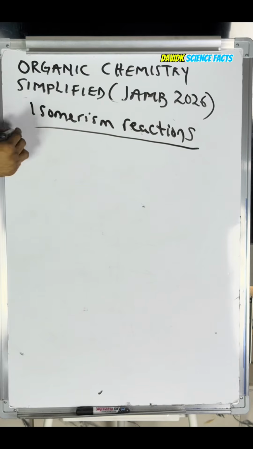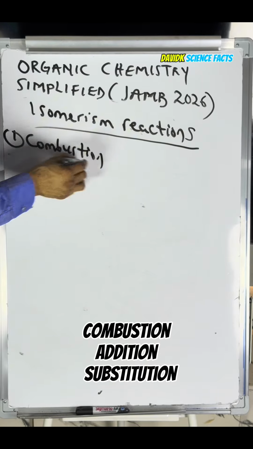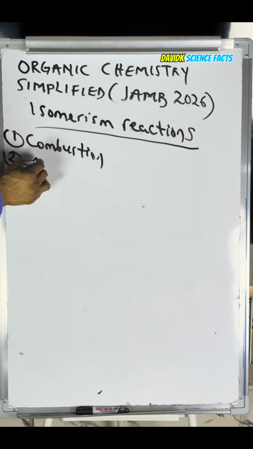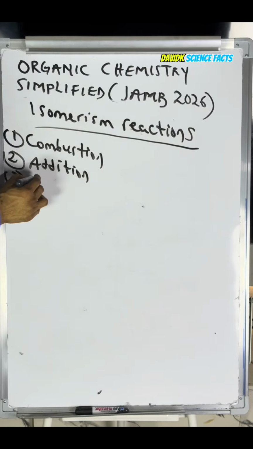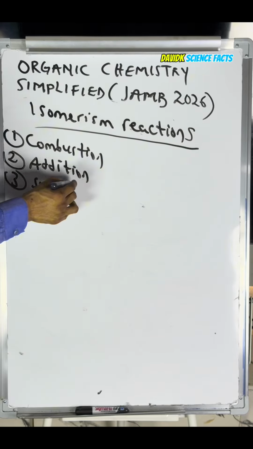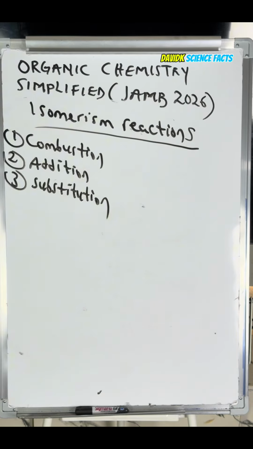The first one is combustion, the second one is addition, and the third one is substitution. So let's talk about combustion. Combustion is simply burning, that is producing carbon dioxide and water.